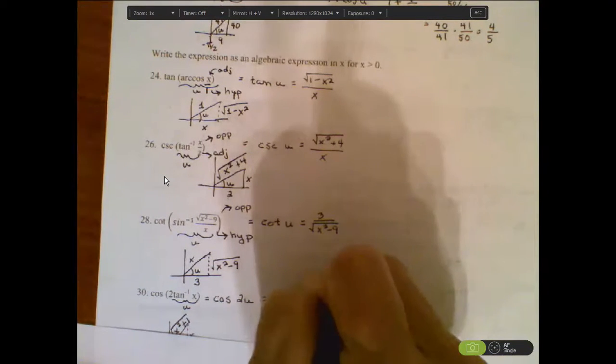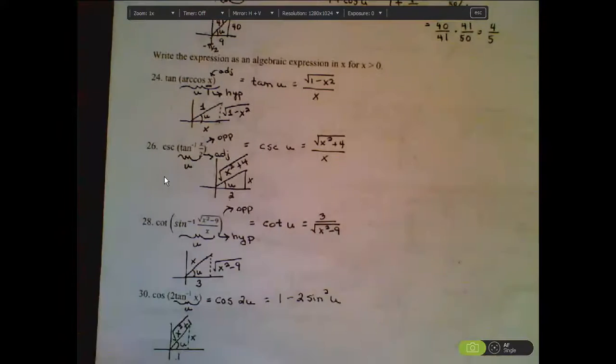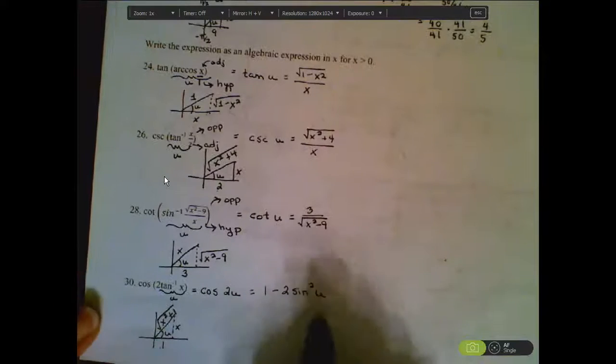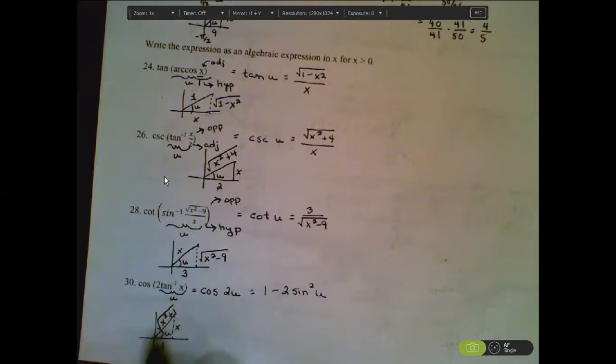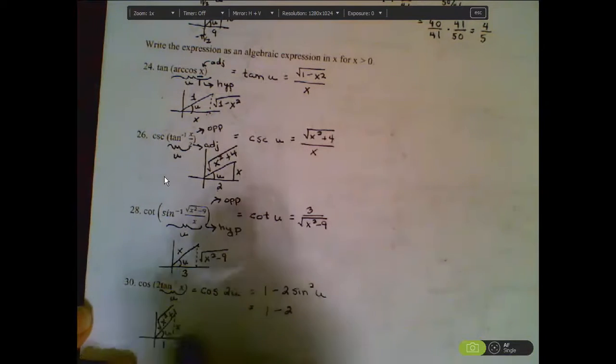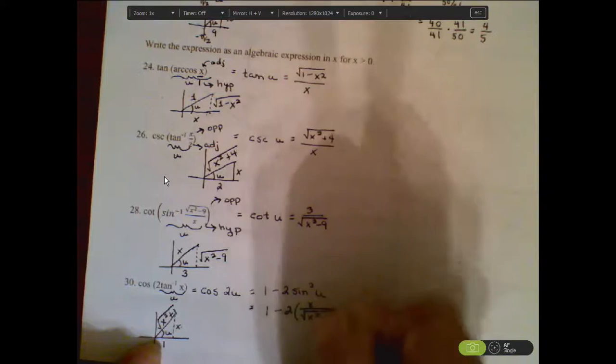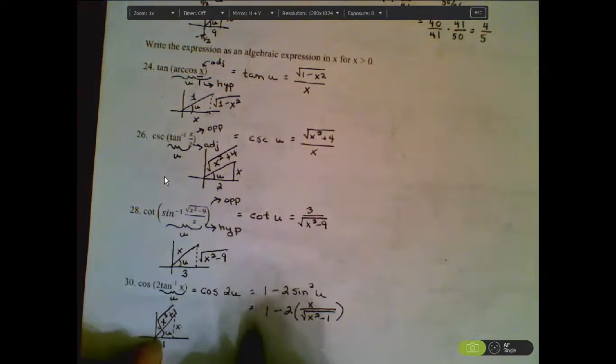I'm going to say cosine of 2u is 1 minus 2 sine squared u. Then I only have to extract one trig value from this formula or from this picture. I just need to say sine of u would be opposite over hypotenuse.